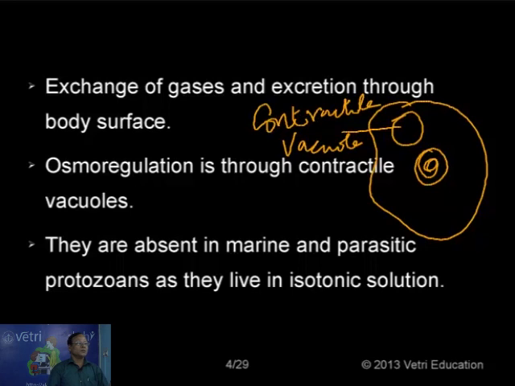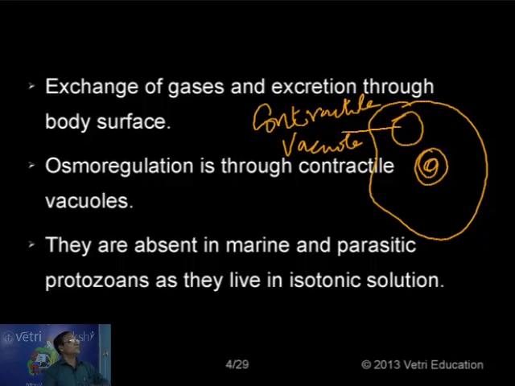Even in the case of these unicellular animals, there is no specific excretory organs. Suppose you are taking, for example, amoeba. There also the waste products are sent out through the membrane only, no specific structures. But this contractile vacuole, the function that is osmoregulation, is absent in the case of marine and parasitic protozoans.